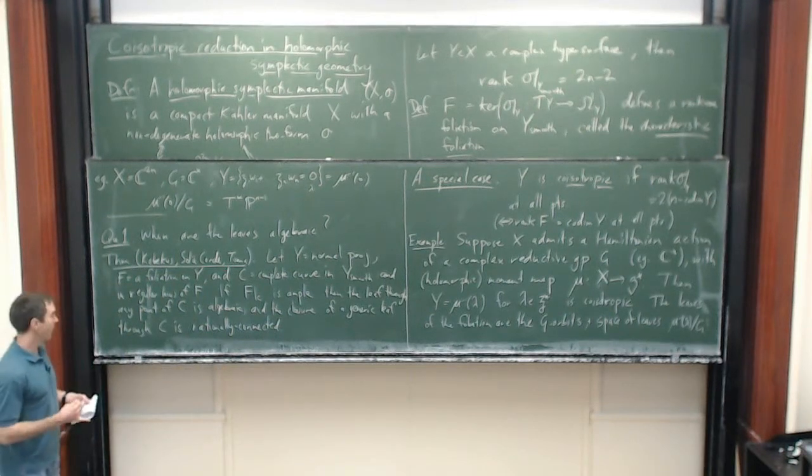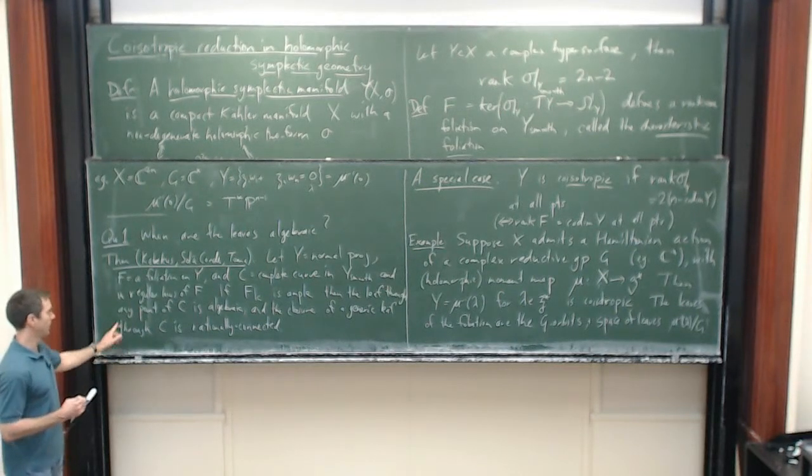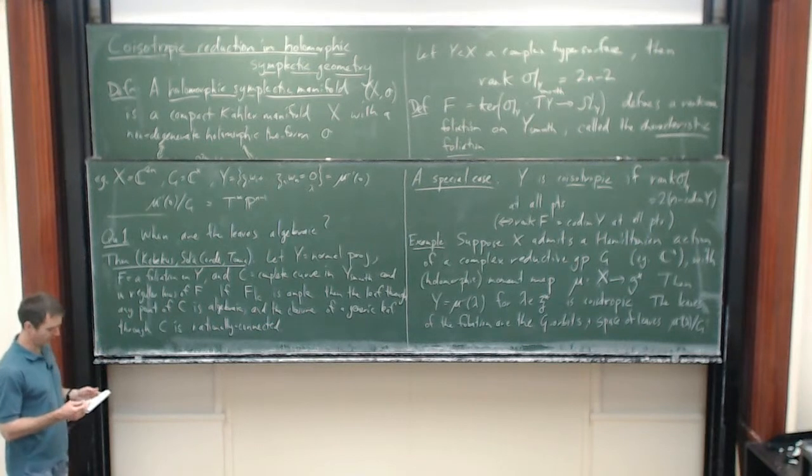So in particular, if F is regular everywhere, then this will imply that all the leaves are rationally connected.